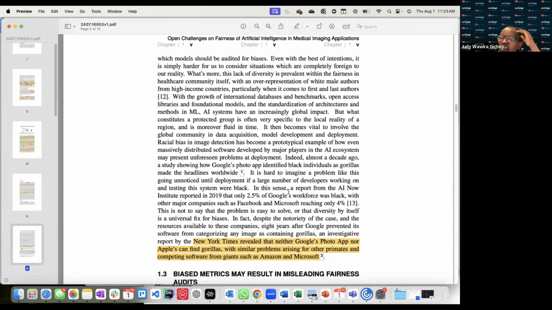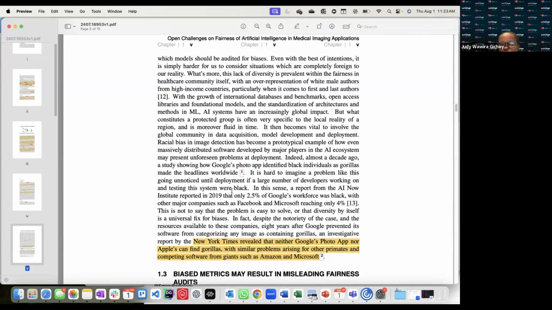She opened a lot of doors for me. Timnit is one of the researchers at Google who were fired, and she called out how the Google Photos app identified Black individuals as gorillas, and said that maybe if there's diversity among the developers, then people can pick up this type of thing.